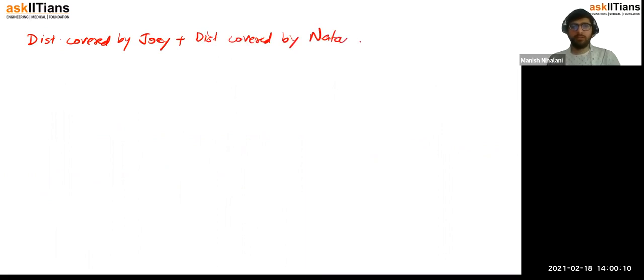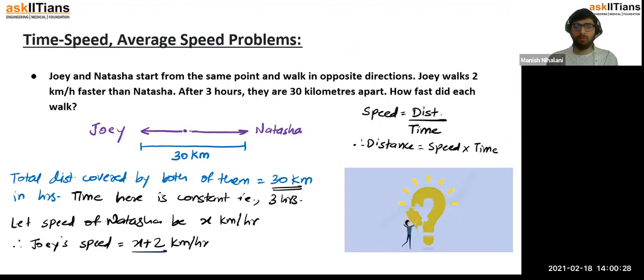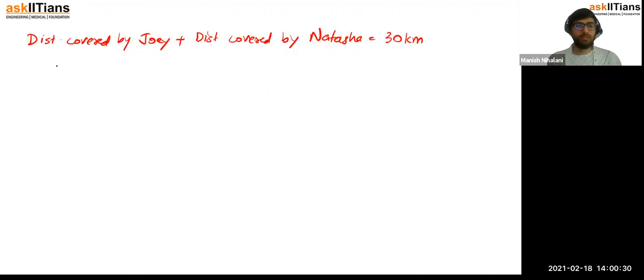If the total distance is 30, Joey's distance would be speed into time. Joey's speed was x plus 2, into the time of 3 hours. So it is x plus 2 into 3, plus the distance covered by Natasha. Natasha's speed was x, she also walked for 3 hours, and they totally covered 30 kilometers.